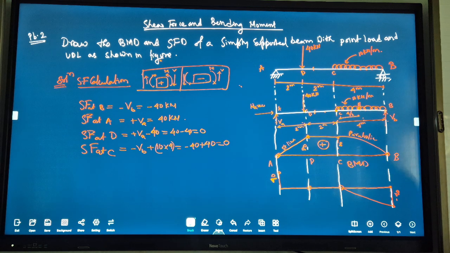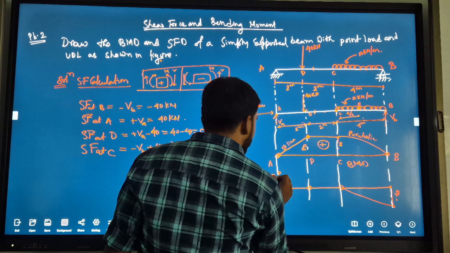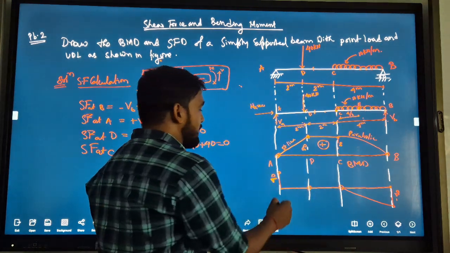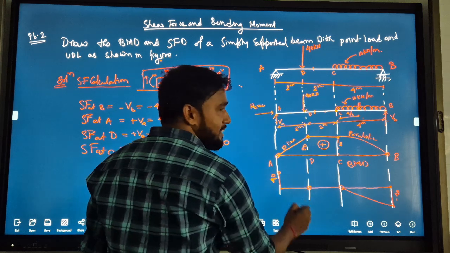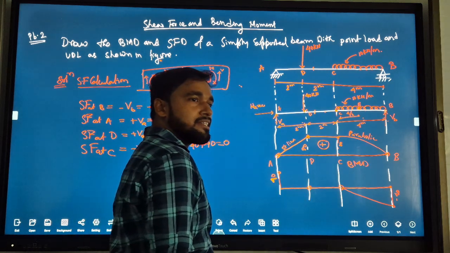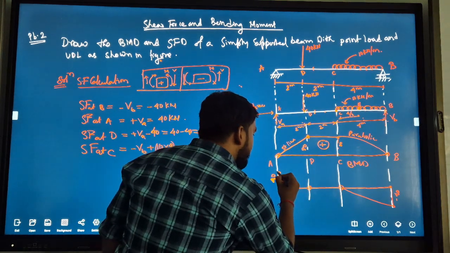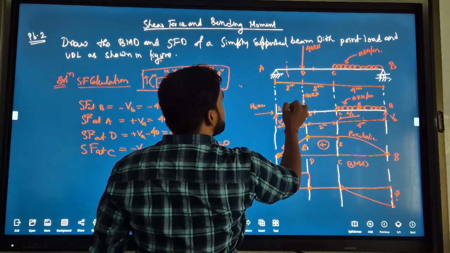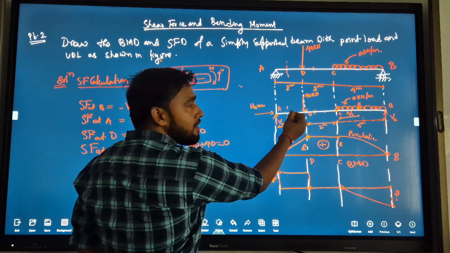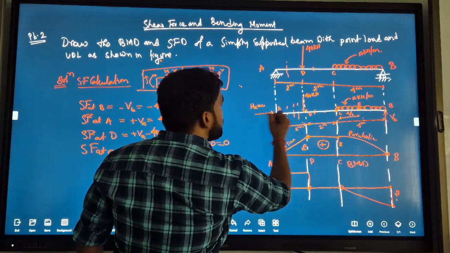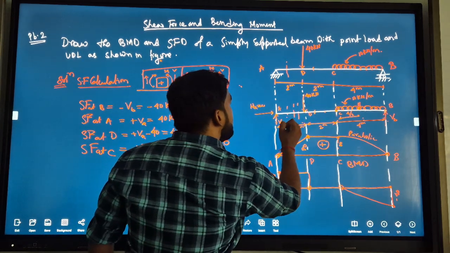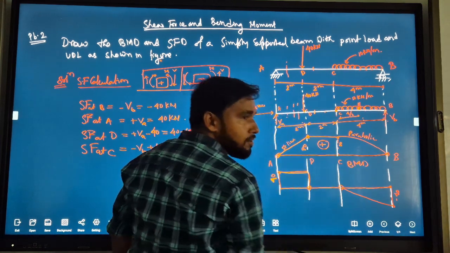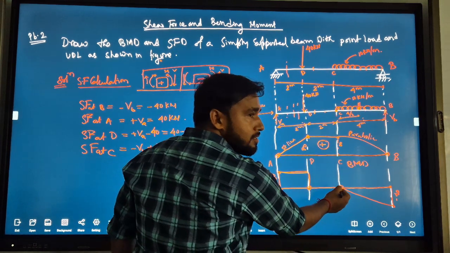Okay. Now how to join? At A shear force is 40 kN, at D shear force is 0. Then how to join A and D? Constant, rectangle. That means you see here shear force is your VA, here is also VA, here is also VA. But here VA minus 40, so this constant again up to 0. At point C, shear force 0.